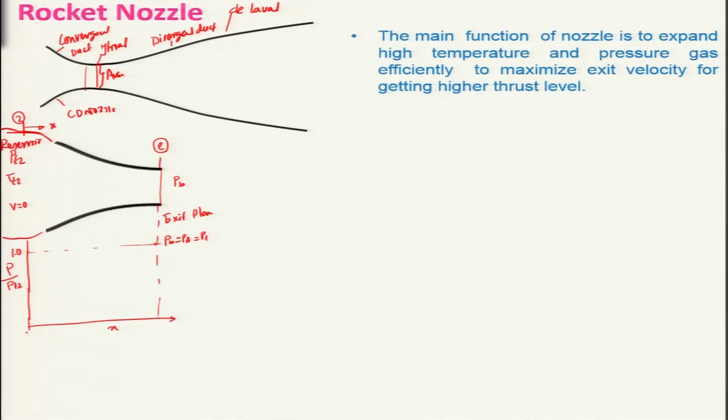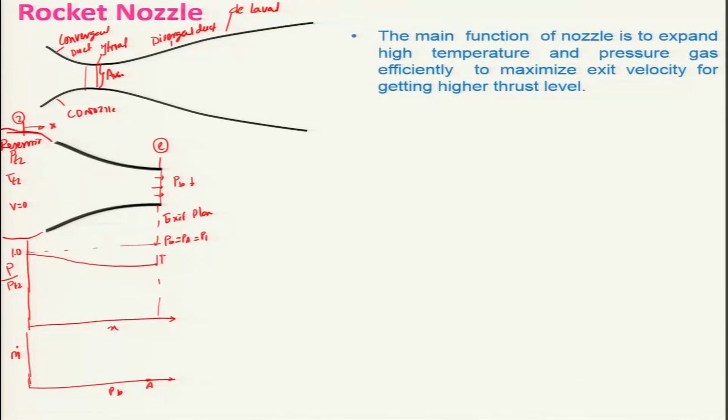If I draw another plot over here, this is PB, this is the mass flow rate through the nozzle. We can say there is no mass flow rate when PB is the same as that of P2. Let us say this point is A, and when PB is lowered, that means it is lower than the reservoir pressure P2, then there will be a certain amount of flow taking place.